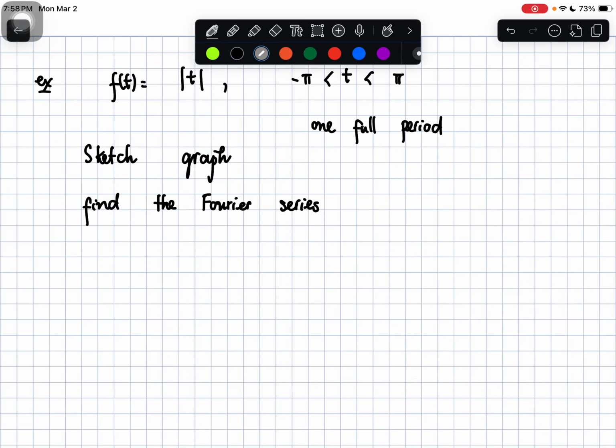We are given this function f(t) equal to the absolute value of t for one full period from minus pi to pi. We have the absolute value of t. Let's graph it.